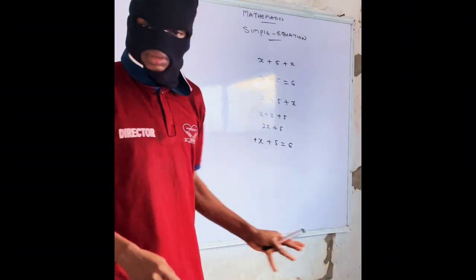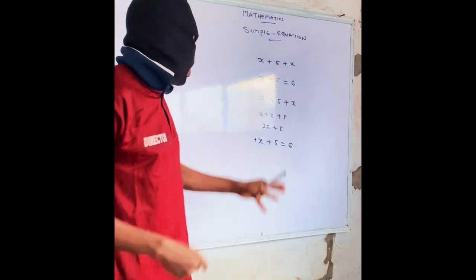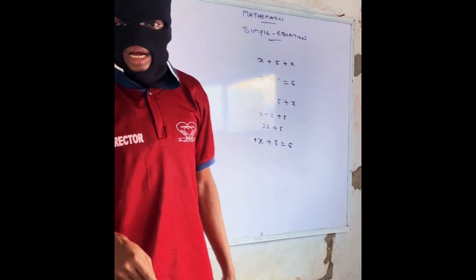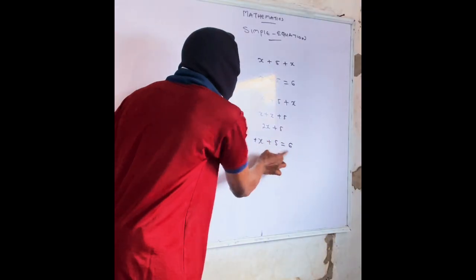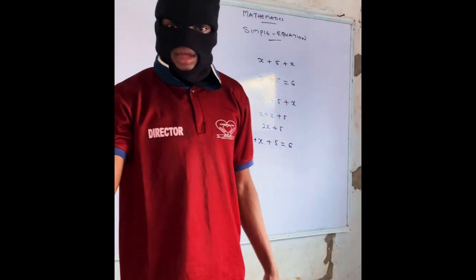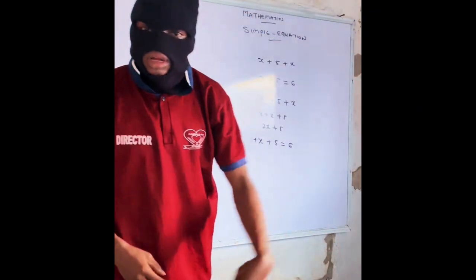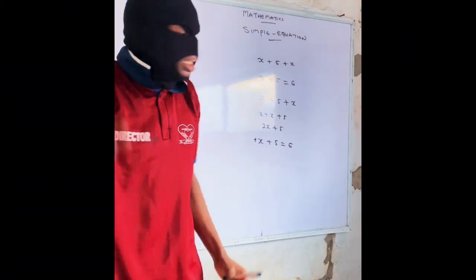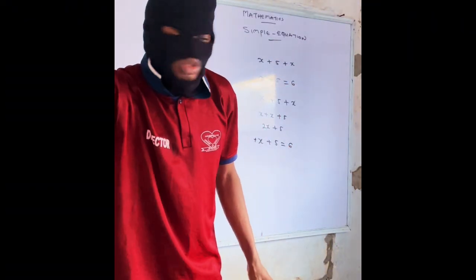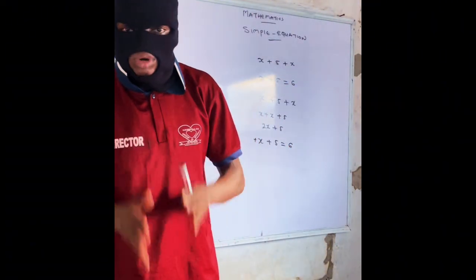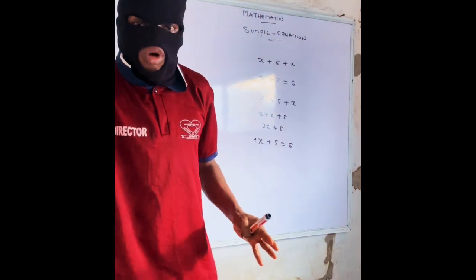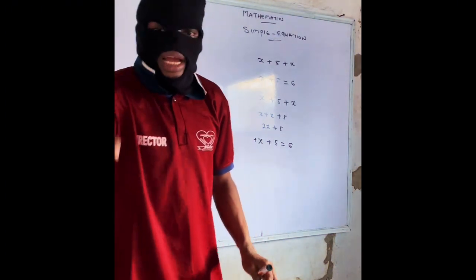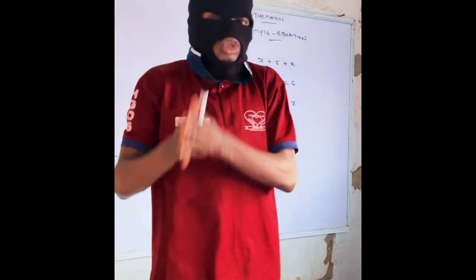This plus is a sign that the person is in Nigeria. So if this 5 crosses over the equal sign, it is going to go and be with 6 in the US. As it's crossing over, that sign will change from plus to minus.